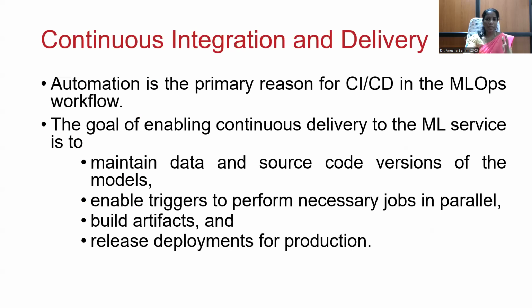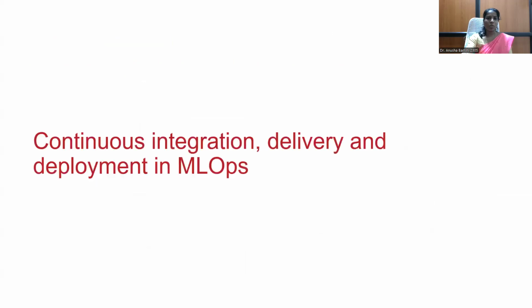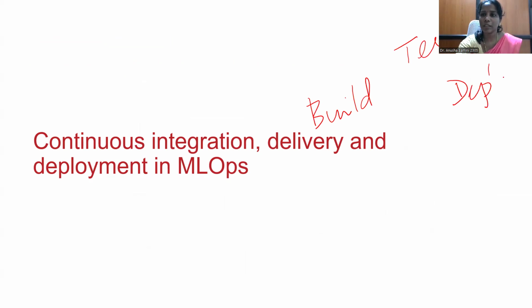That is the important thing of machine learning operations. So continuous delivery and deployment takes a major role here. You all know the three basic steps of MLOps are build, test, as well as deploy.